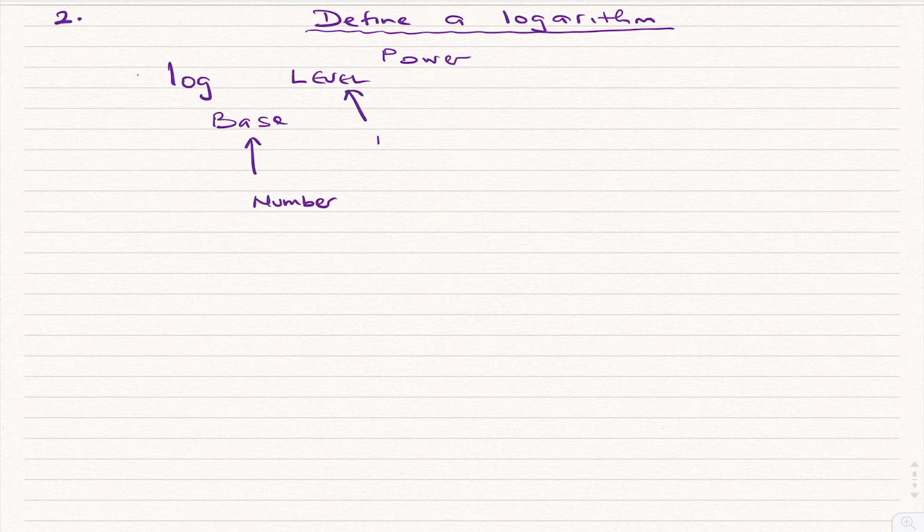The level can be a number or variable, and the power can also be a number or variable.